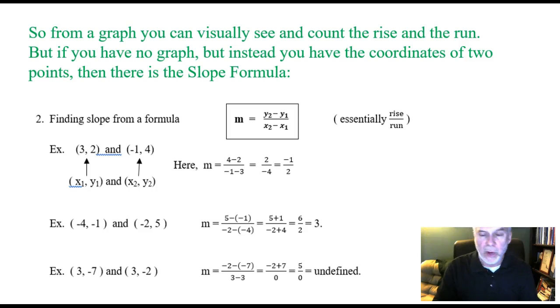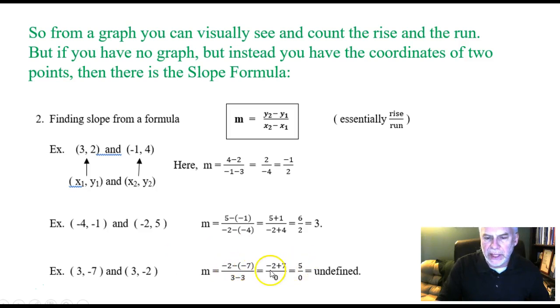Okay? Now, if you want, you could have plotted those points, and you could have counted the rise and the run on the graph, and you should end up with 3 over 1 or 3 when it's reduced. Now in the next example, we have y2, which is negative 2, minus y1, which is negative 7. So negative 2 minus negative 7.